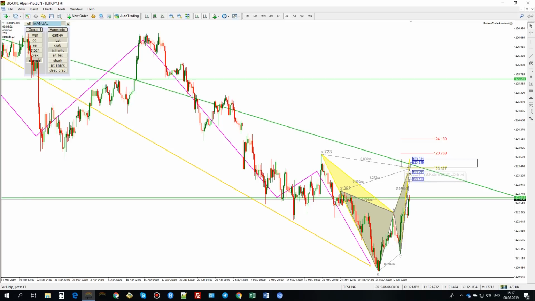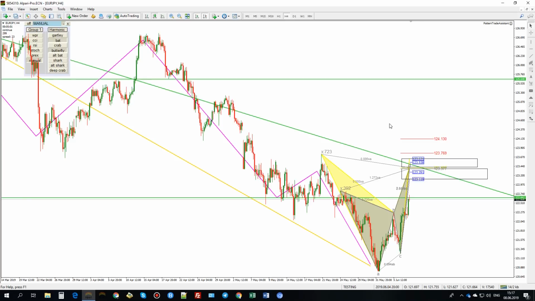You see it almost coincides with the bat pattern, so they all point at the same level, and these potential reversal zones are very close to each other, so you should keep these zones in mind. They are pointing to this trend line, a very important confluence.